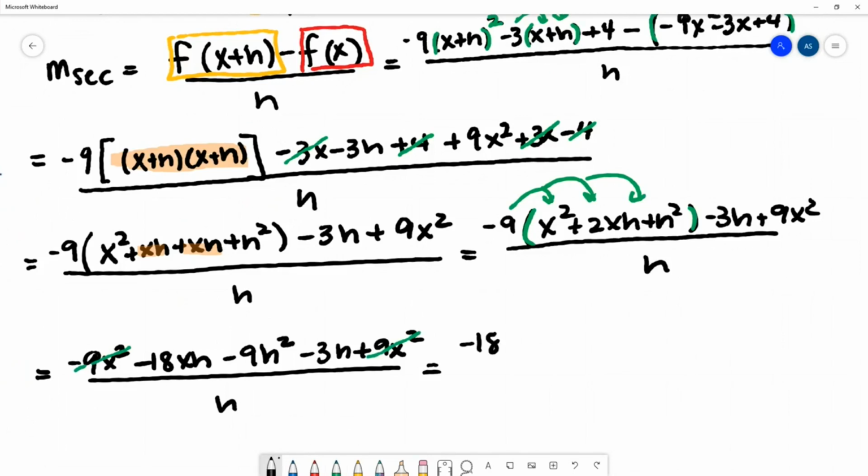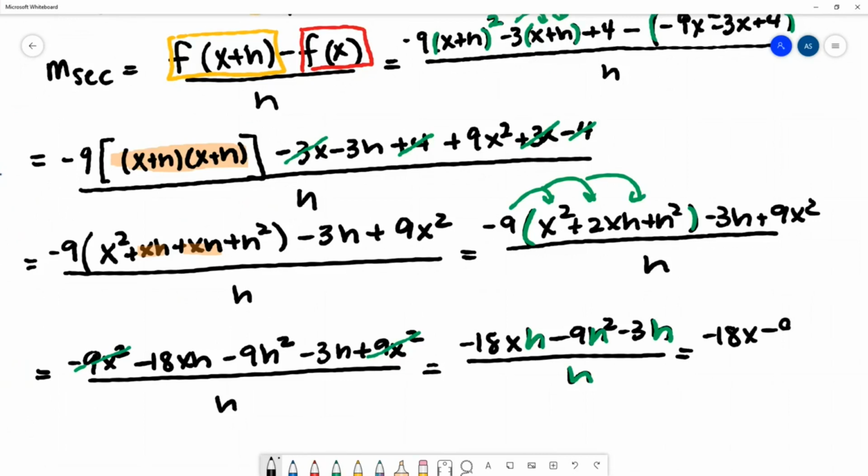That will give me 18xh minus 9h squared minus 3h over h. And I can reduce this fraction because all of the terms in the numerator have a factor of h, and we have a factor of h in the denominator. So we can cancel to get negative 18x minus 9h minus 3. And this is our difference quotient, our slope of the secant line in terms of x and h.